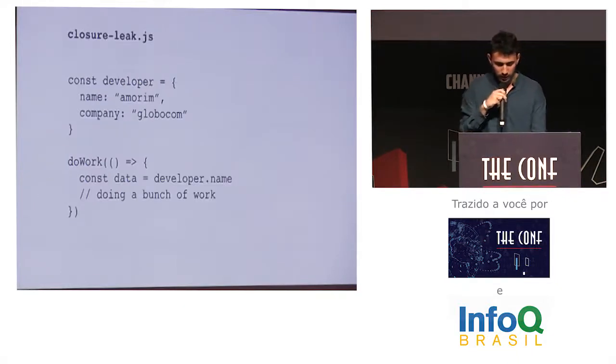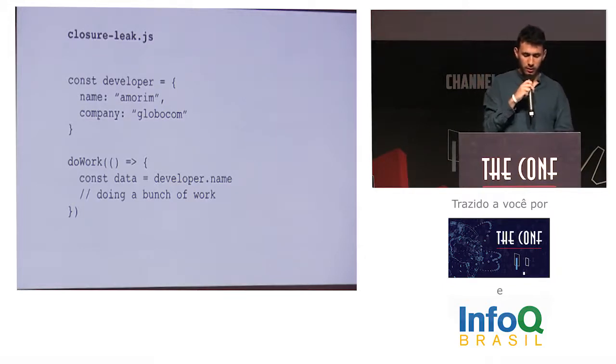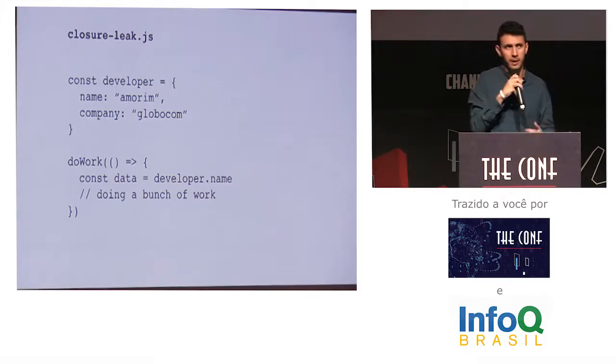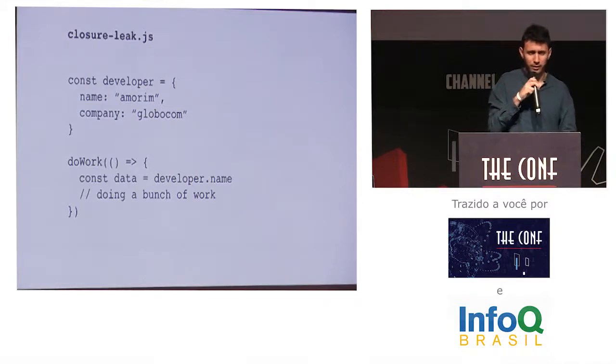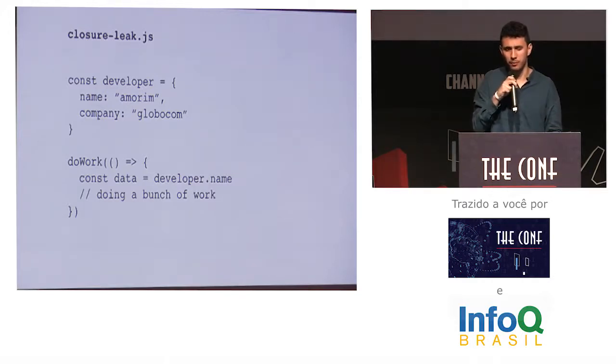And going back to the leak from closure. In this case, we have to maintain developer in memory, because doWork doesn't know developer is unused. It's a global scope that you can access by this closure, but for Node, for V8, you have to maintain this memory while it may still be useful for this method.